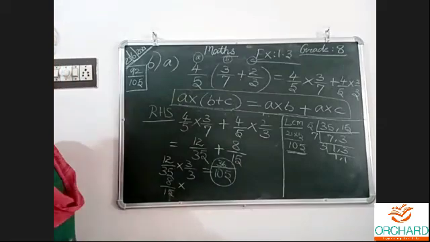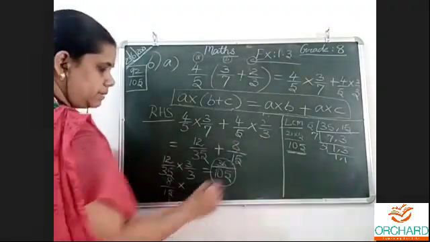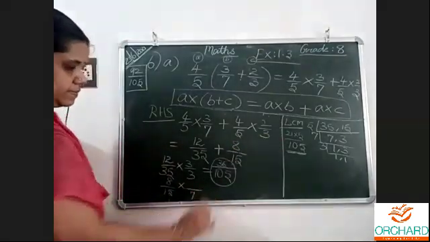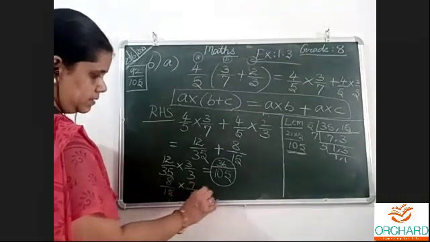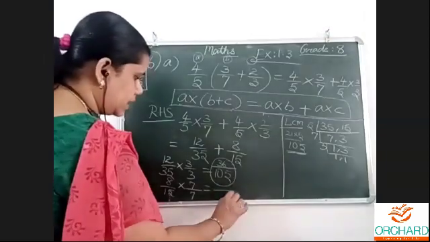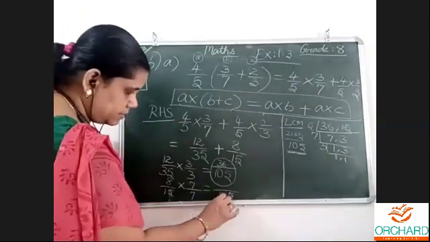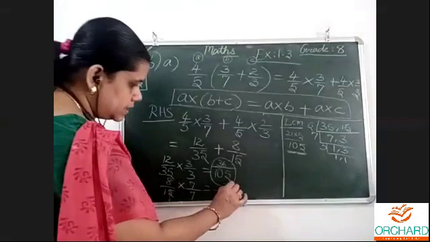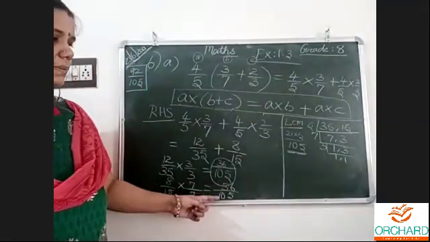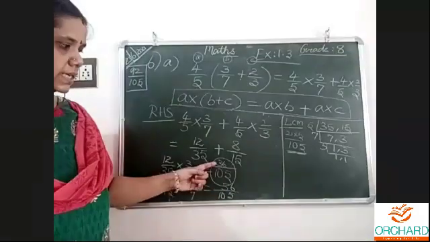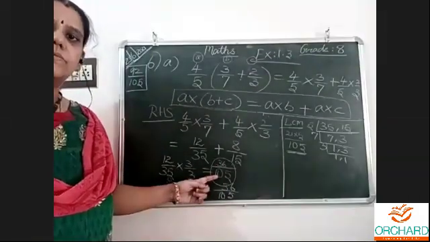Second number with 15: 15 multiplied by 7. 7 5s are 35, 5 carried over 3. 7 1s are 7 plus 3 is 10, so 105. 8 7s are 56. So 56 by 105 and 36 by 105.